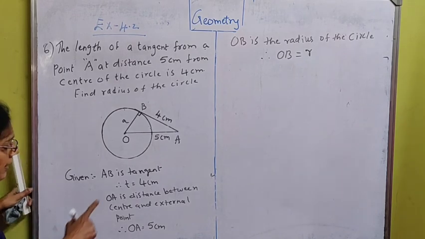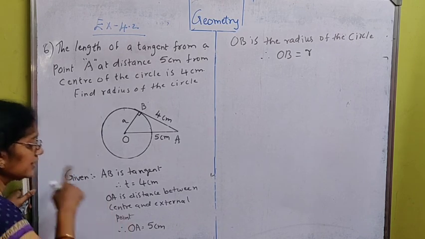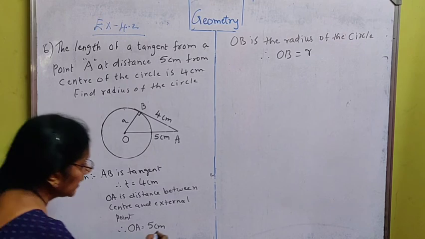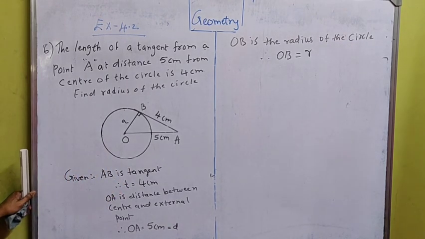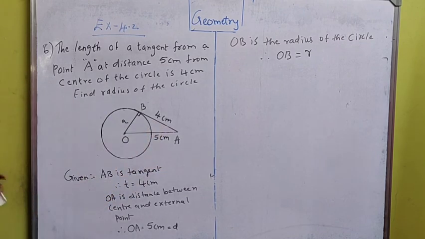So what we will get? OA is the distance, T is the tangent, and R is the radius. So we can write that D square is equal to R square plus T square.